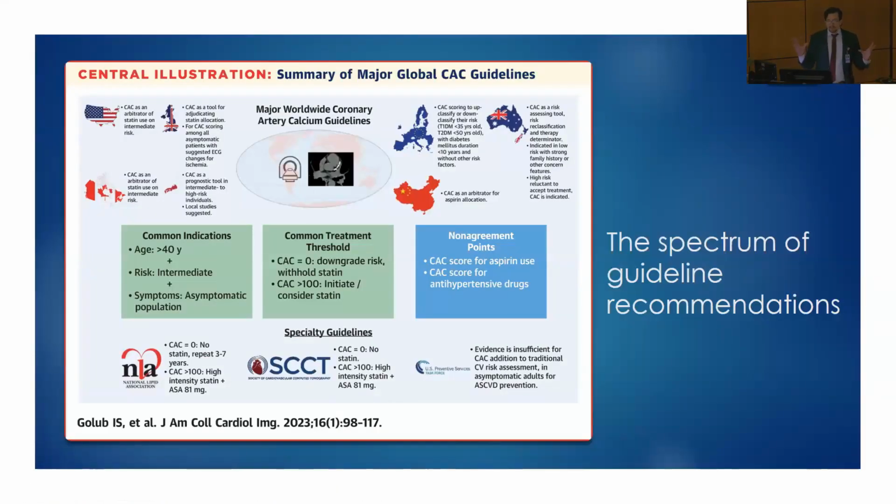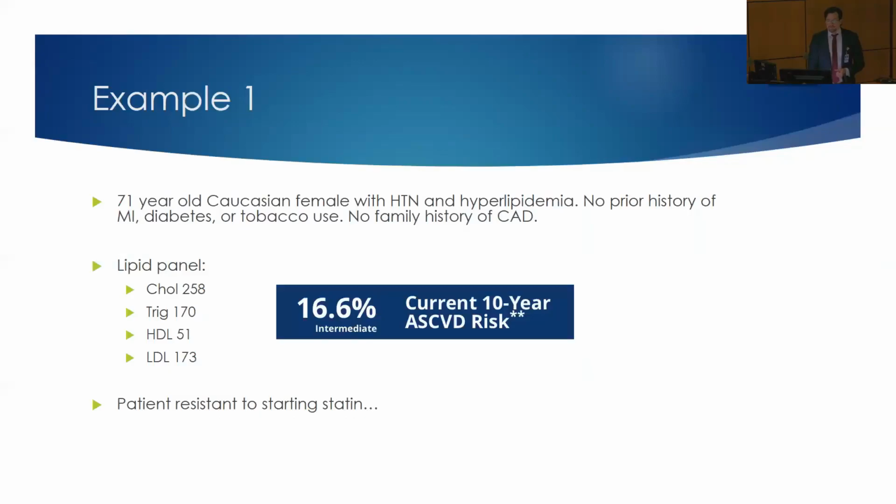All the global guidelines very much agree that with a calcium score of 0, typically you can withhold statin, and above 100, you can initiate or consider starting a statin. Between 0 and 99, you want to look at all the data you have and make a decision with the patient about whether to start a statin.